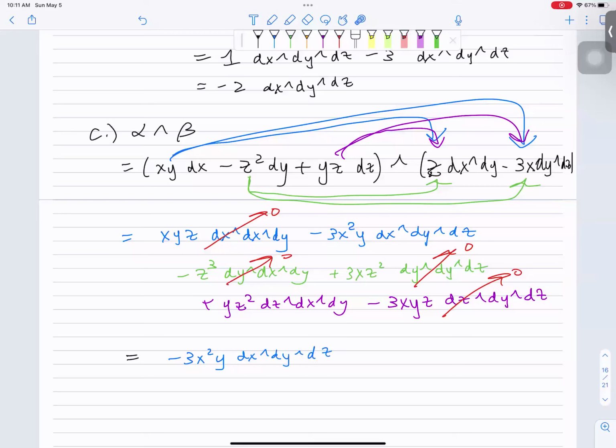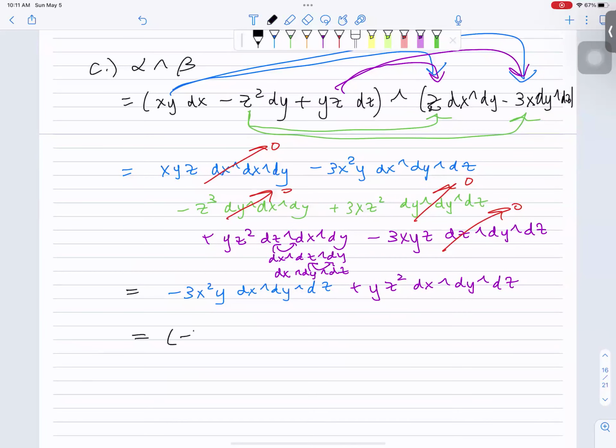And this purple term, let me also change it so that it's in the correct order of dx dy dz. If I switch that, a negative sign comes out and I get dx wedge dz wedge dy. But then another negative sign comes out when I switch the y and the z. So it's still plus yz squared dx wedge dy wedge dz. So my final answer is negative 3x squared y plus yz squared, dx wedge dy wedge dz.